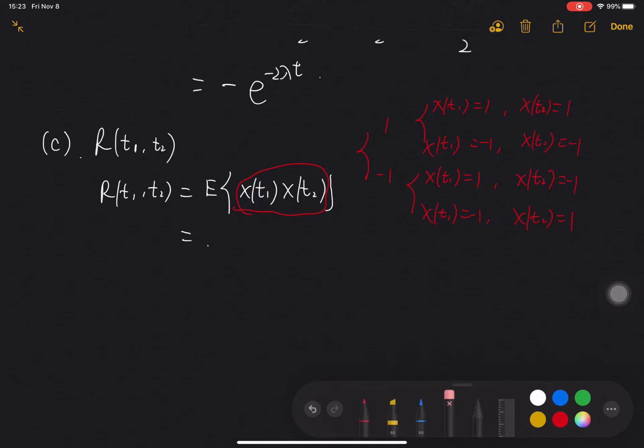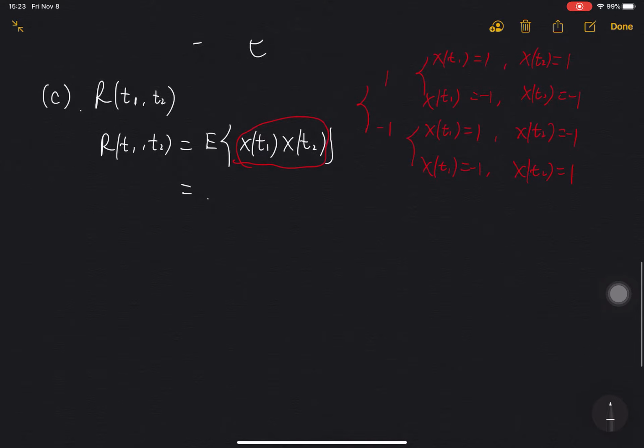But after some thought, we can find that these four situations can be separated into 2.